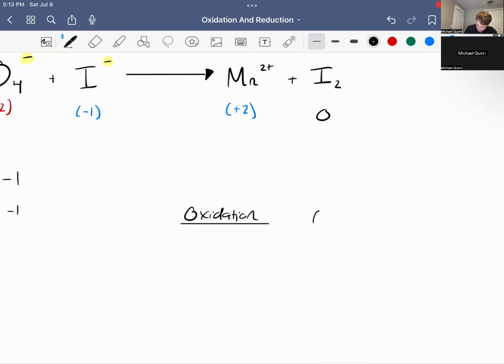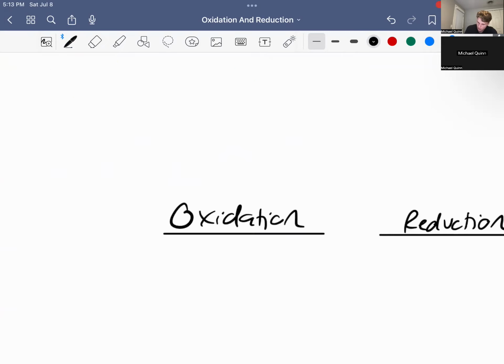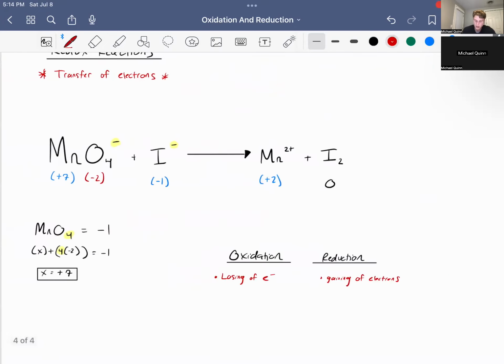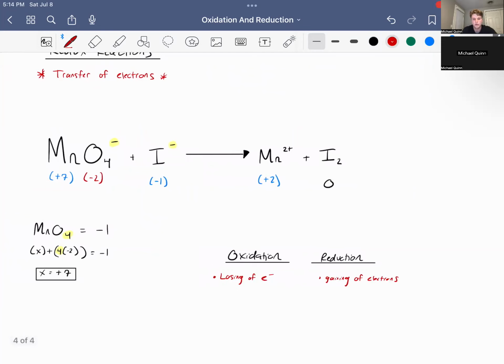Oxidation and reduction refer to the losing of electrons and the gaining of electrons. So we need our oxidation states to decide which atom gets oxidized and which atom gets reduced.